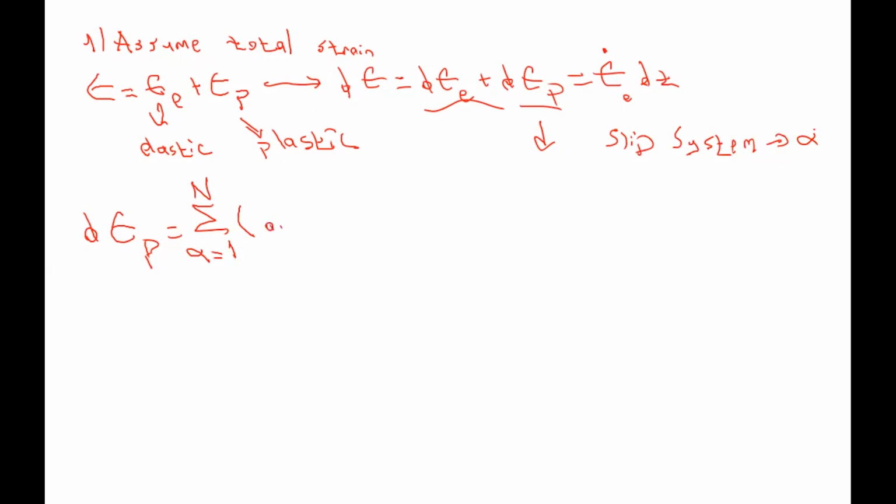So this is the amount of slip in each slip system alpha due to dislocation glide.